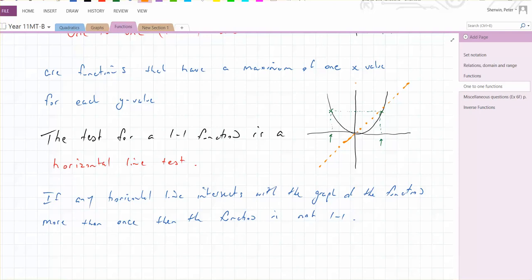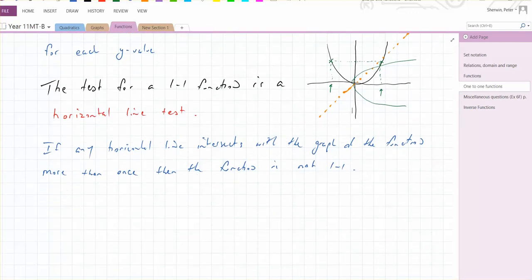So f of x reflects in y equals x, and both these branches reflect, so it would look something like that. Failing the horizontal line test means that its inverse will fail the vertical line test and therefore not be a function. That's the significance of one-to-one functions.